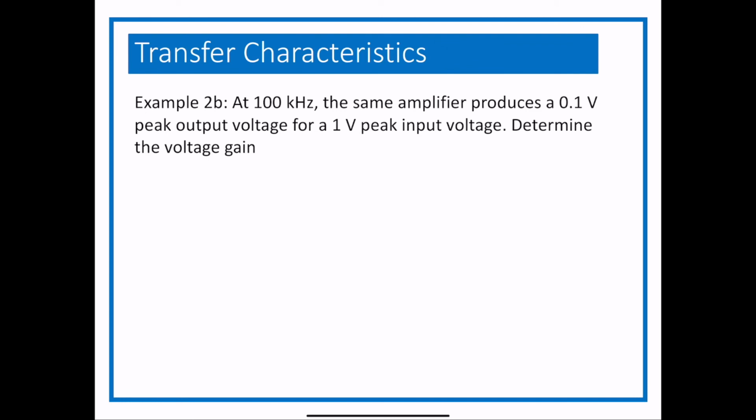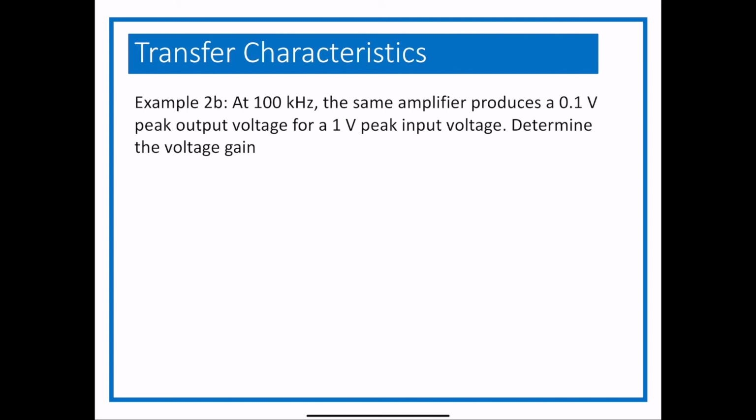If we change the frequency, we don't look at this much in this class, but it's going to change how the amplifier works. A lot of times amplifiers will work one way at one frequency, and they may work differently at another frequency. So in this case, the same amplifier is now getting 0.1 volts peak output voltage.